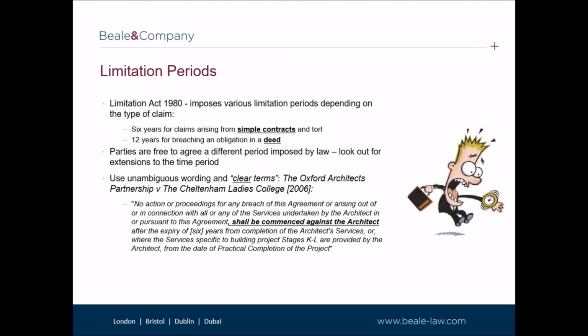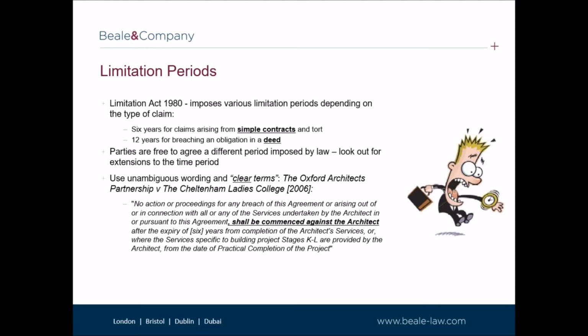In this case, Cheltenham Ladies College employed the architects to provide services for a building of a teaching block. The appointment stated that no proceedings could be brought later than 6 years from PC, which occurred on the 25th of November 98.